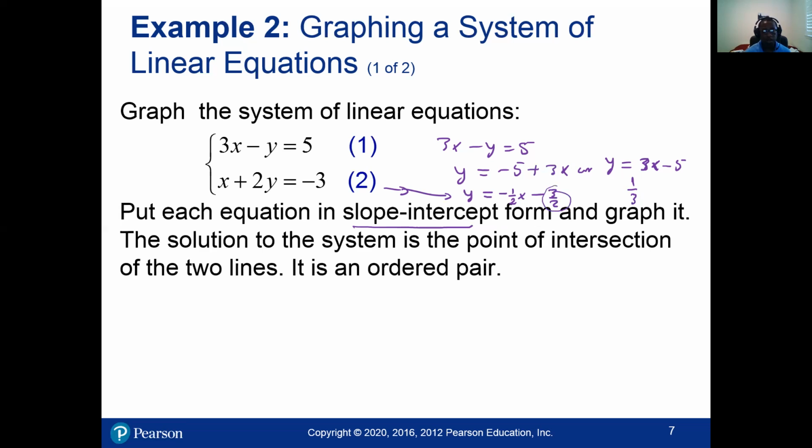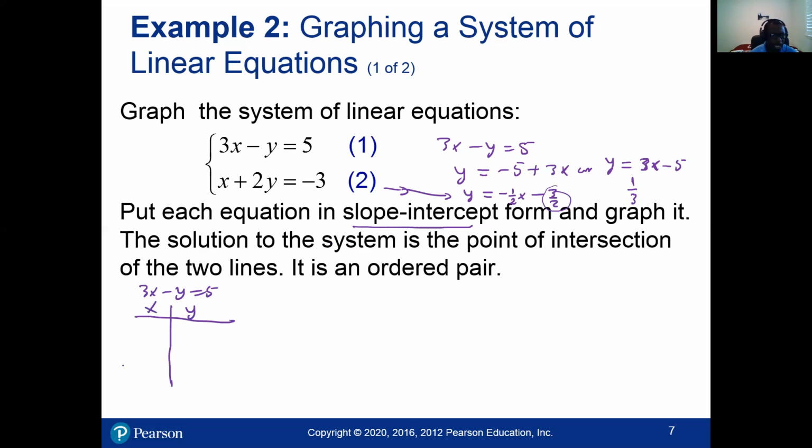Okay, so first, for the first equation, 3x minus y equal to 5, we want to get an ordered pair, x and y. I'm going to pick x and y intentionally so that I will avoid fractions.